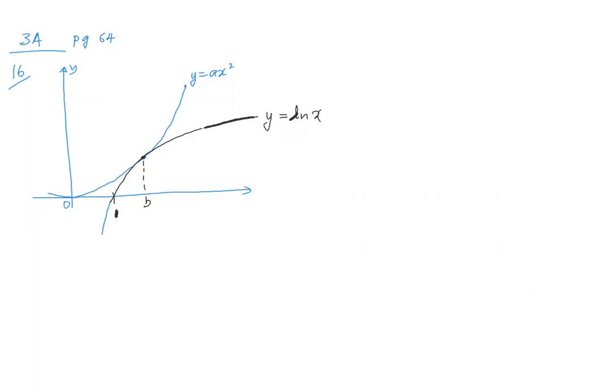This point, I call it point A. The coordinates of point A, I can write as x, ax squared, or I can also write it as x, ln x. So from here, I can say ax squared is equal to ln x.